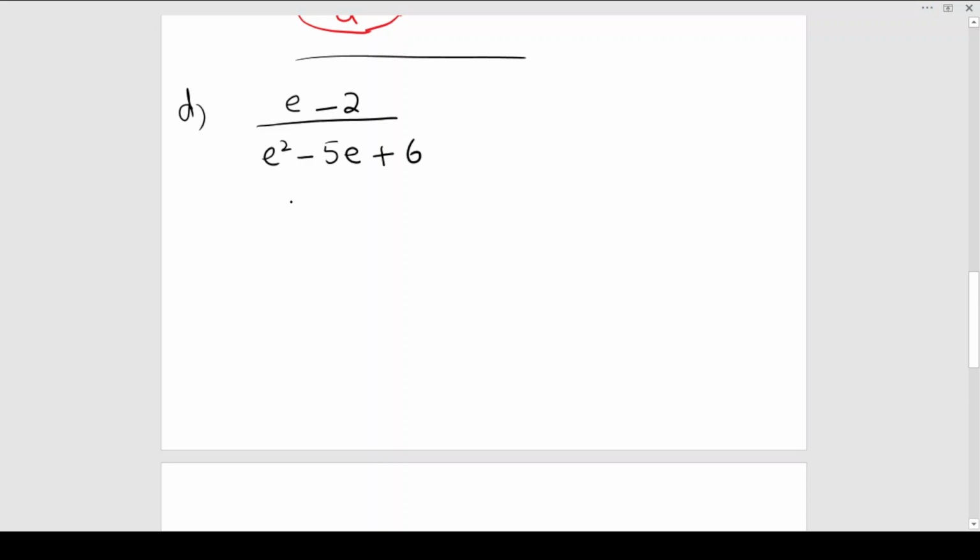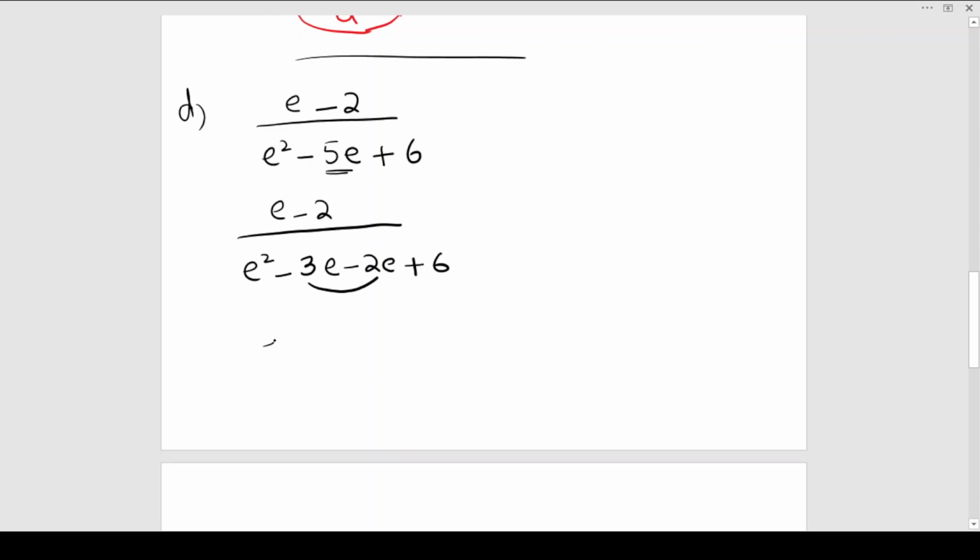The numerator remains as it is, but in the denominator I can write e square minus 3e minus 2e plus 6. I just factorized the middle term. When I multiply these two numbers, it will be plus 6, and if I add these two numbers, it will be 5.